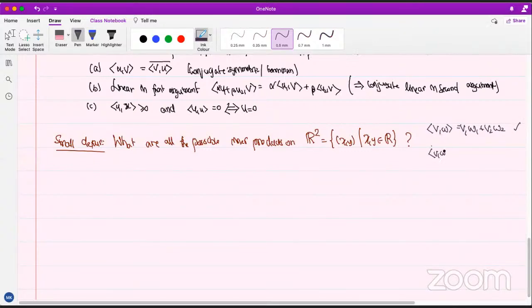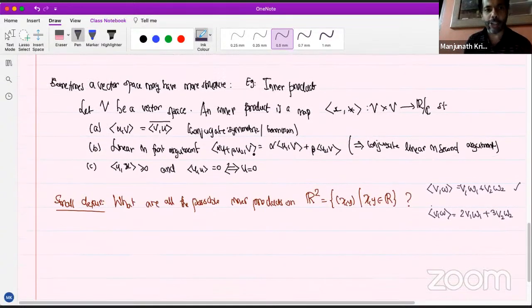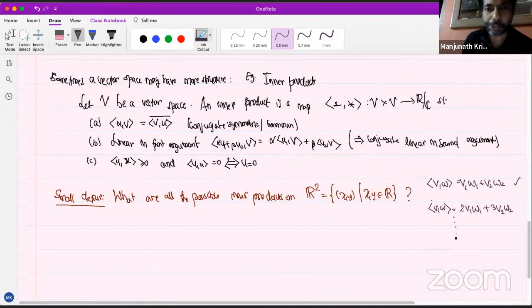X transpose AY, where X and Y are column matrices. Okay. Let me just say 2 V1 W1 plus 3 V2 W2. This is an inner product. You can check that it has all the properties. Okay. So I will come to what you said.